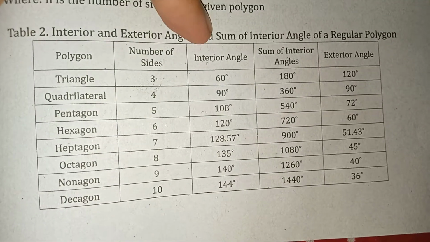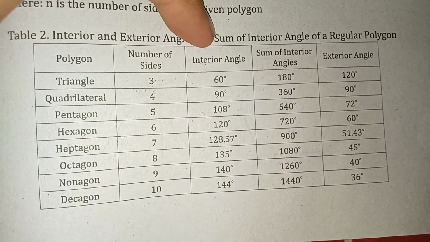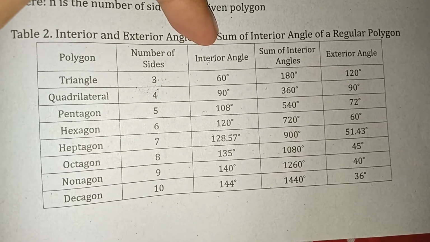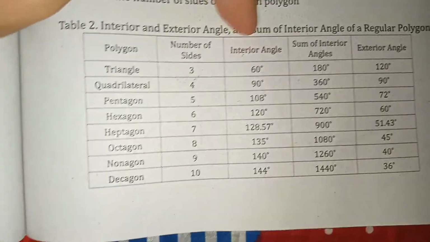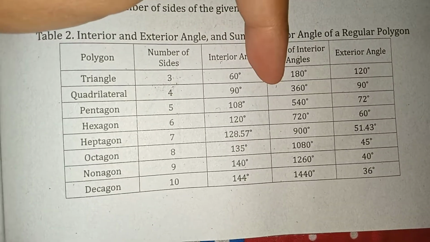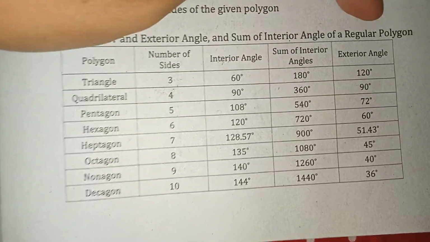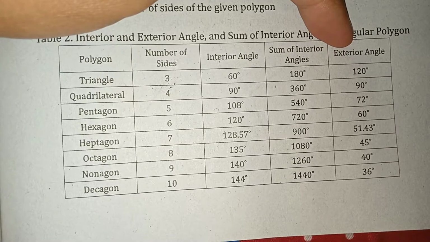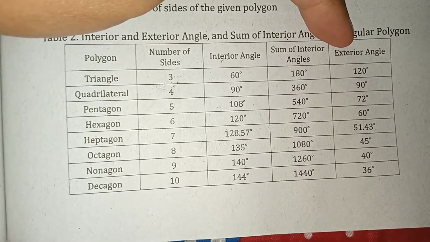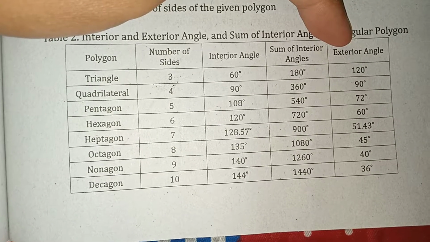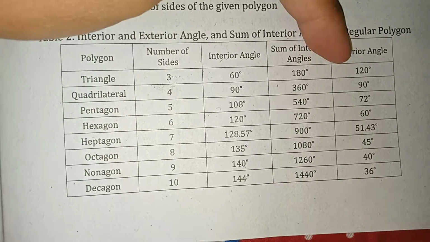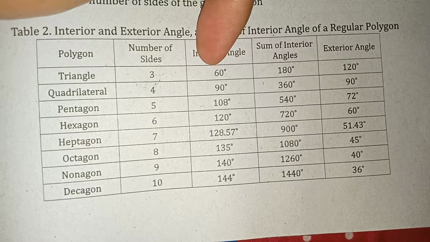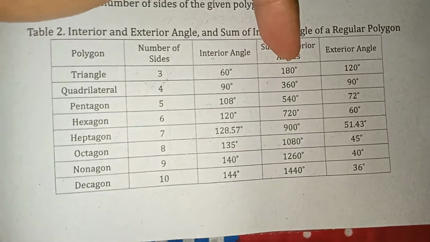For the interior angle of a triangle, all are 60 degrees, so the sum of interior angles is equal to 180. For the exterior angle, it will be equal to 120, because 120 plus 60 is equal to 180.